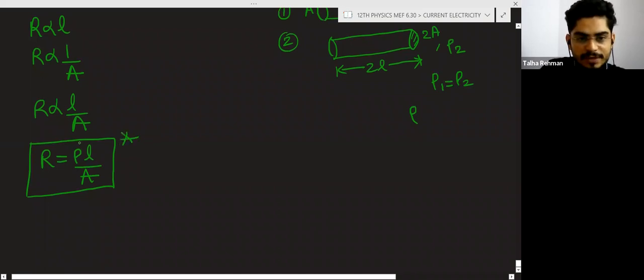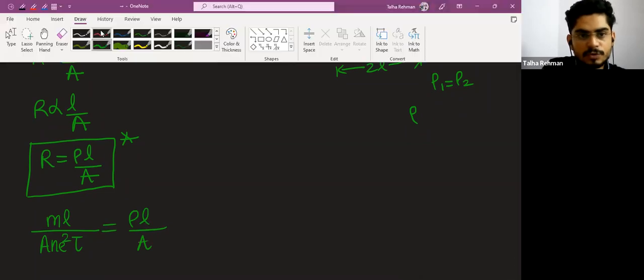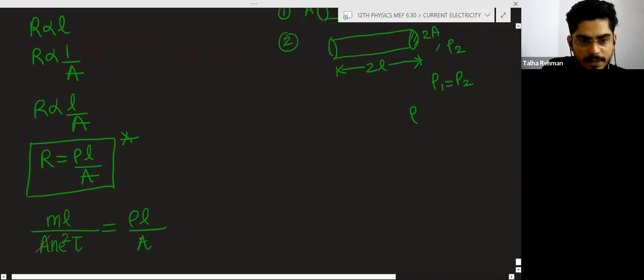Now if I want to calculate rho from here, I put the value of resistance: ml upon A n e square into relaxation time is equal to rho L divided by A. Now you can see here A cancels out and L cancels out.